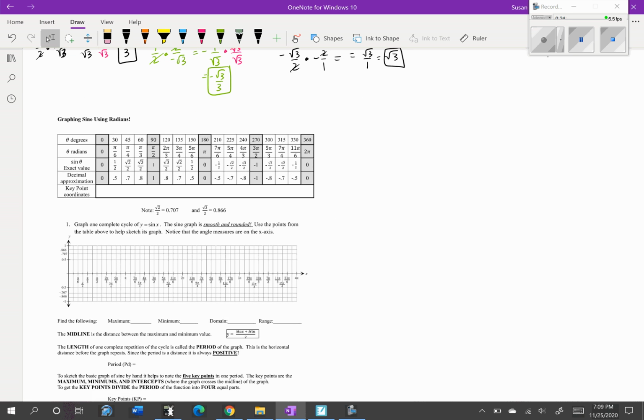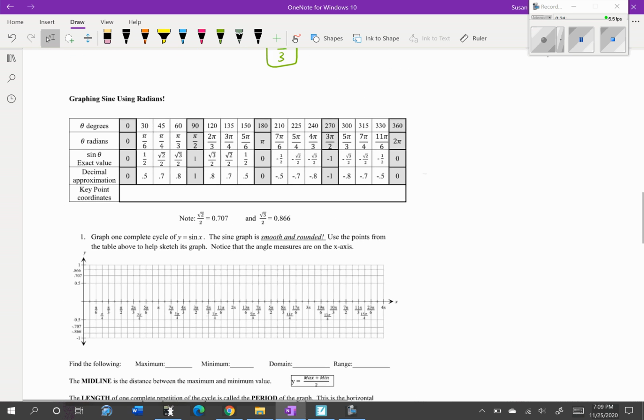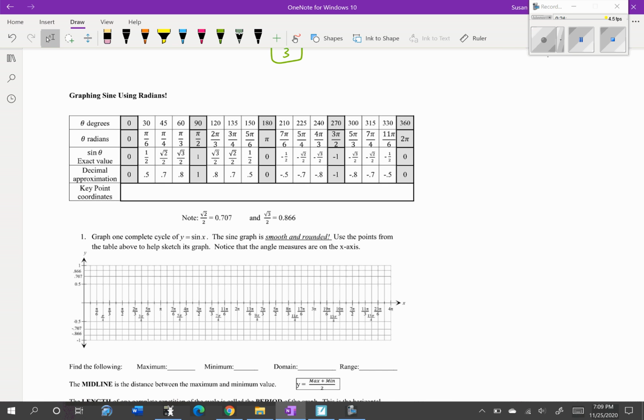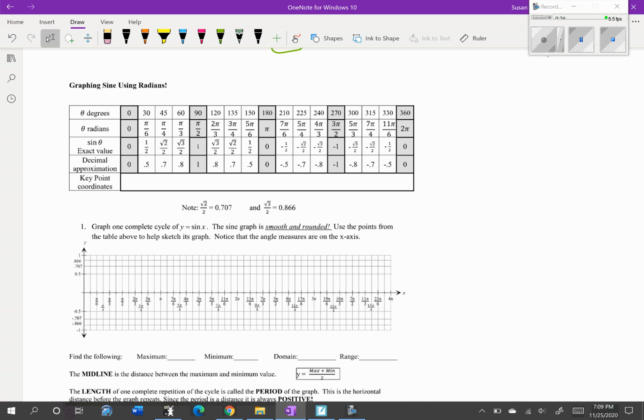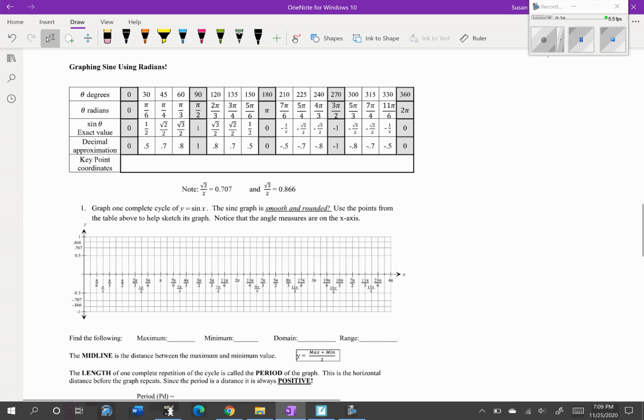So let's go ahead and look at using our unit circle and graphing our sine using radians. So we have our degrees, radians, and so when we're graphing these, we're going to use our radian values, and we have the trig values for the sine, the exact value, and the decimal approximation. We're just going to use the decimal approximation.